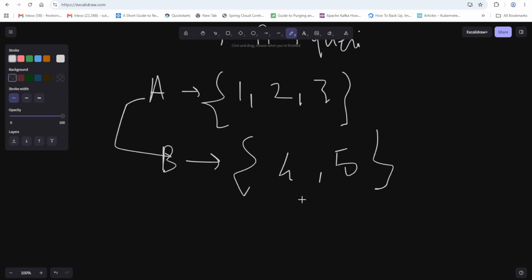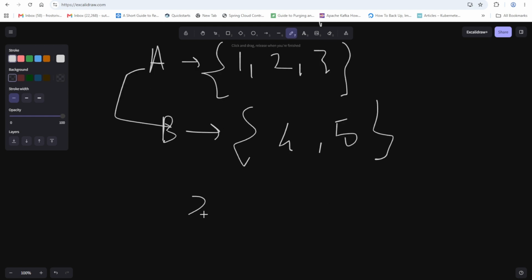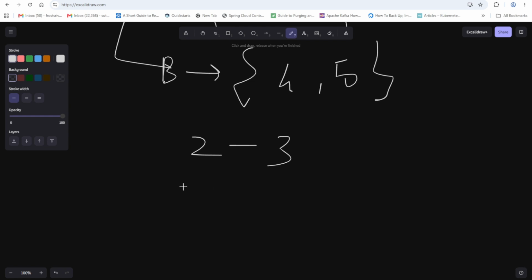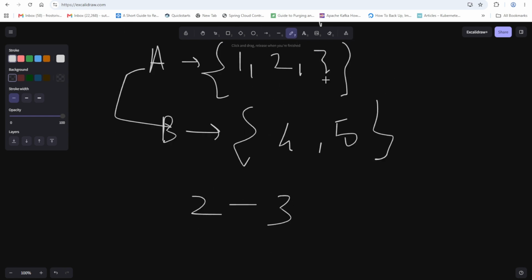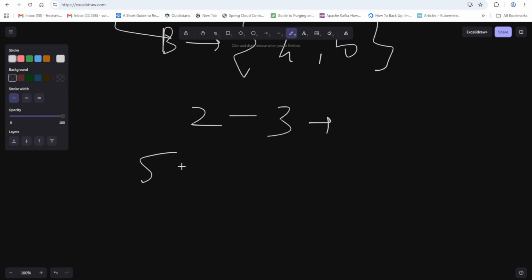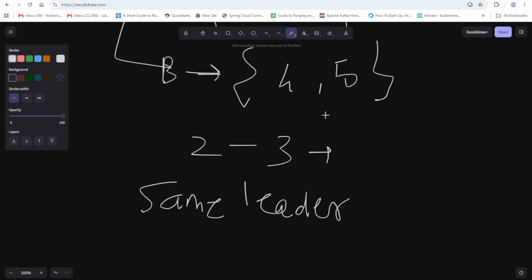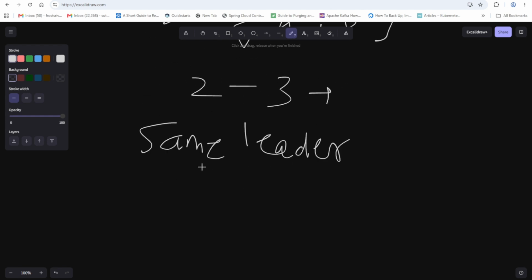So now if someone asks us whether 2 and 3 are connected, then we can say that if their leaders are the same, then they are connected, right? And similarly for 1 and 2, and 1 and 3 also, because their leader is the same, so they are connected to one another. And similarly for 4 and 5, their leader is the same, so they are also connected, right?